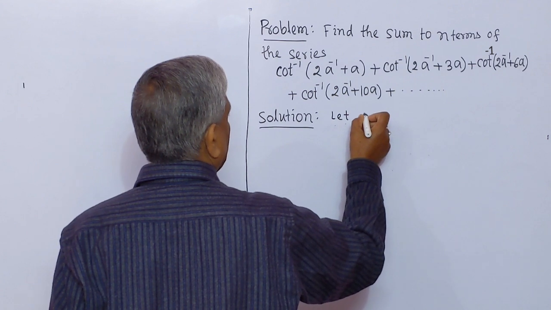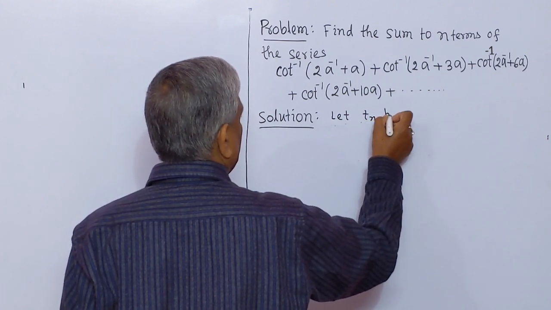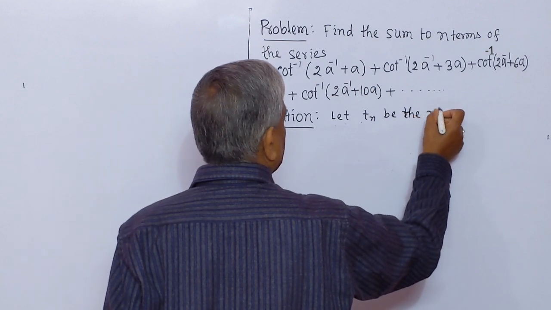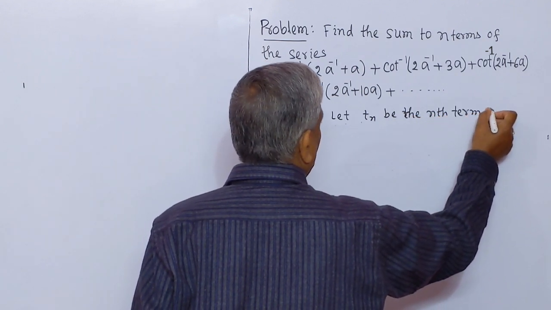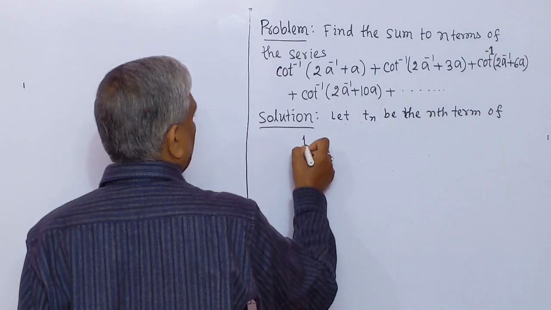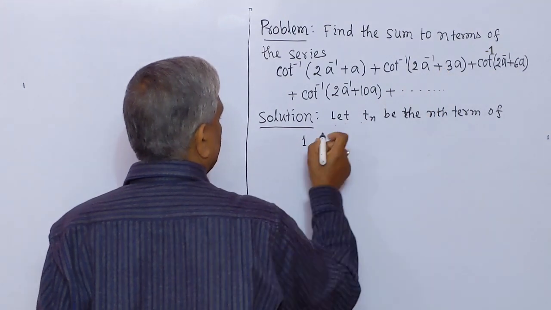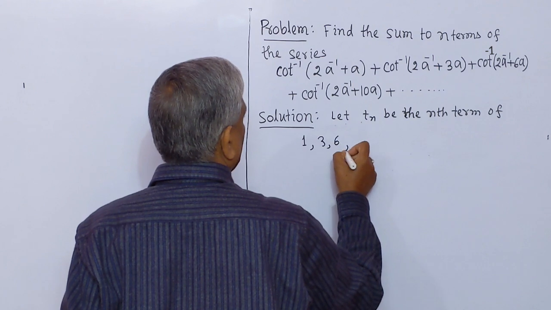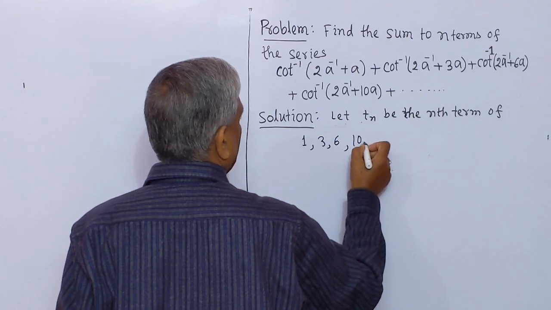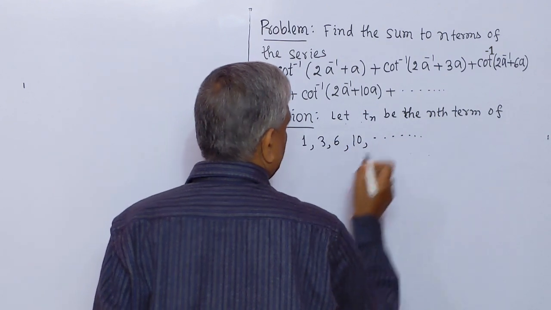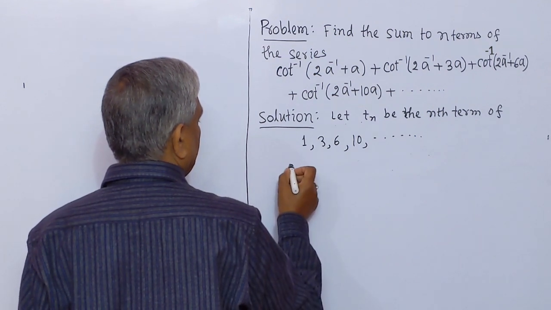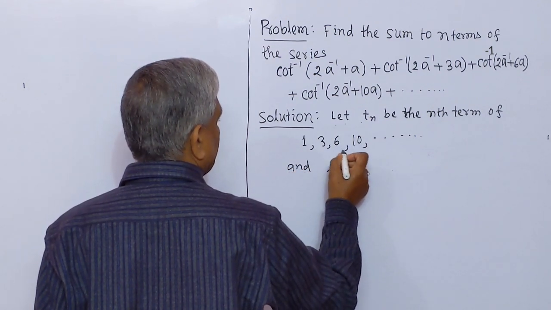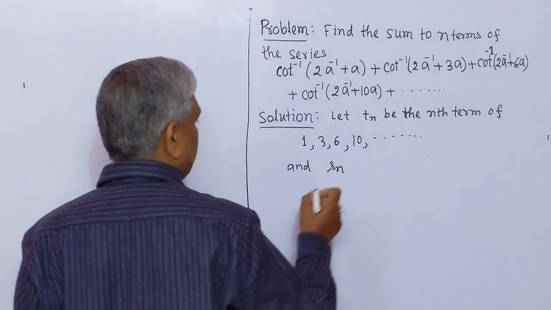Let Tn be the nth term of 1, 3, 6, 10, dot. And Sn be the sum to n terms.